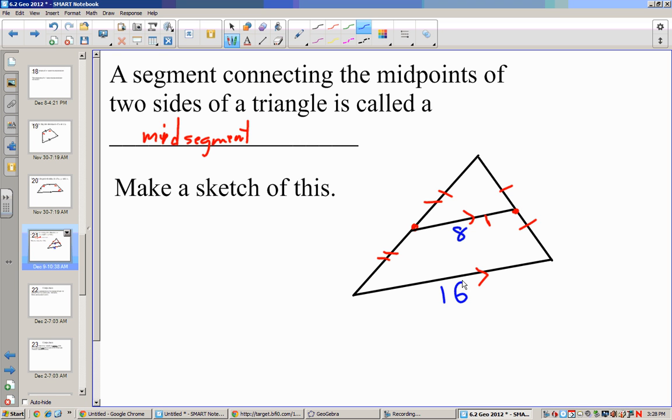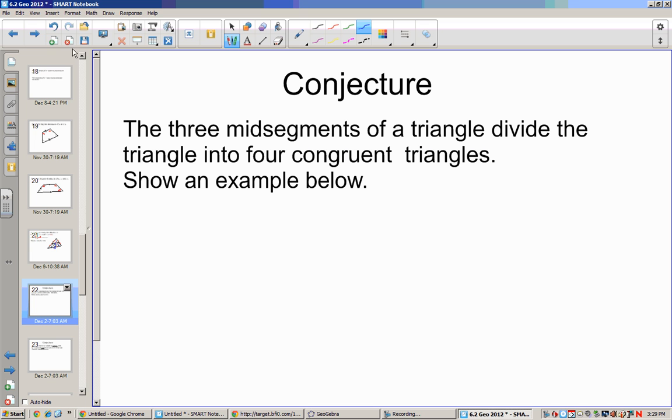Now if I made the midpoint of the third side like that, these three triangles, 1, 2, 3, are all going to be congruent. And this one here is also going to be congruent, but it's this top one flipped over. So the three midsegments of a triangle divide the triangle into 4 congruent triangles.